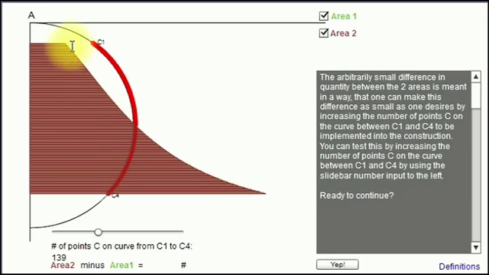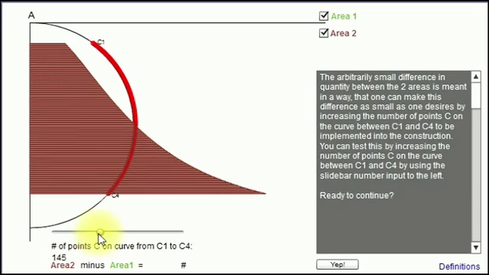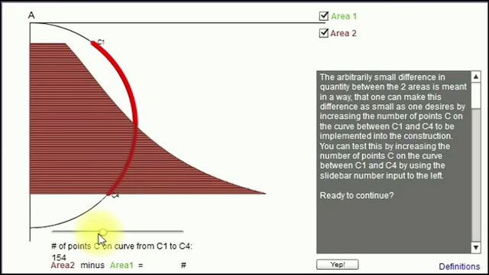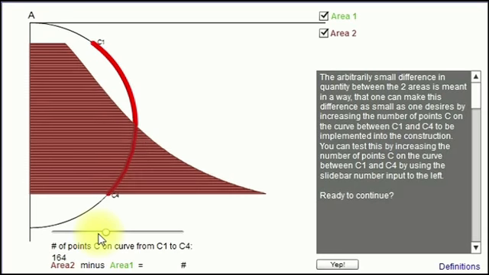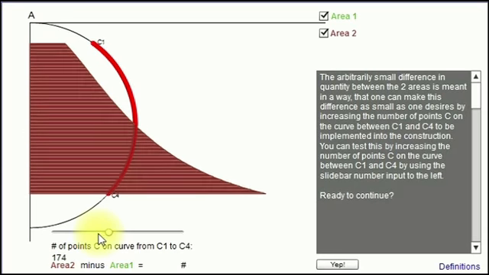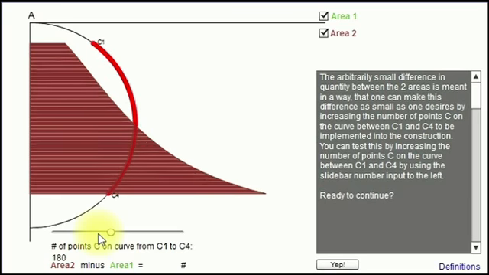areas, and even if you place a very huge number of points on this half circular curve, you will always have a difference between these areas. So this is a very good example that our senses are really useless at times.